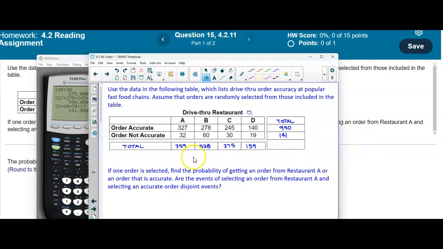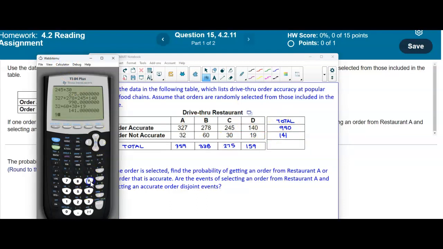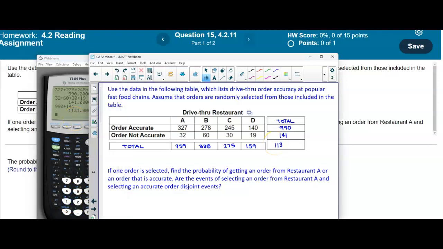We can either add the totals in the rows or the totals in the columns to get our total amount. So if we take 990 and add 141, that gives us a total of 1,131.